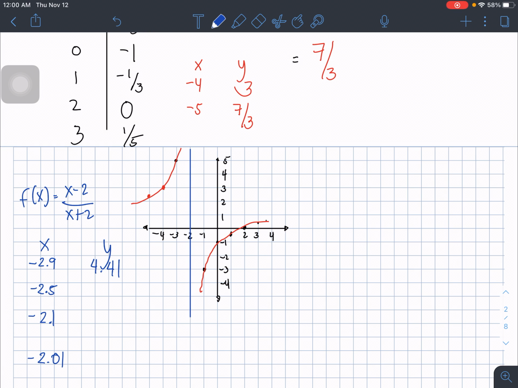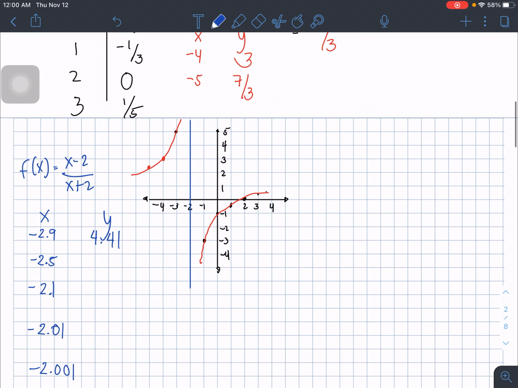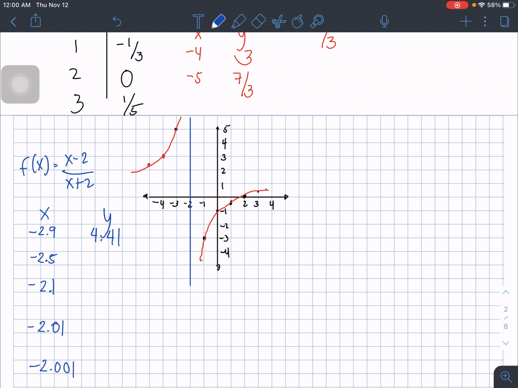Okay, so if x is equal to negative 2.5, so let's try negative 2.5, we'll be having 9.